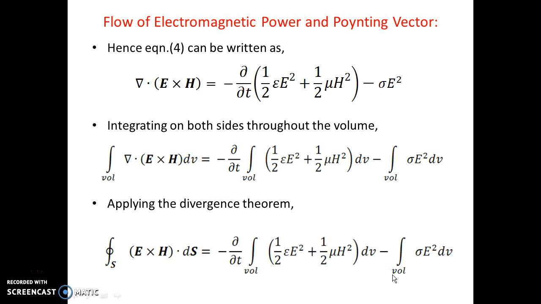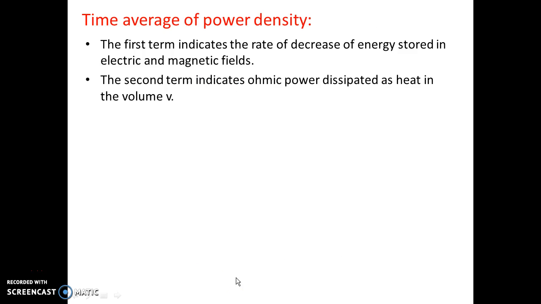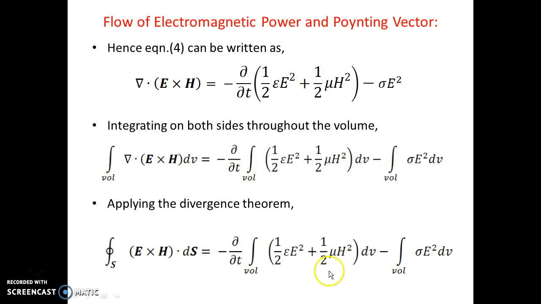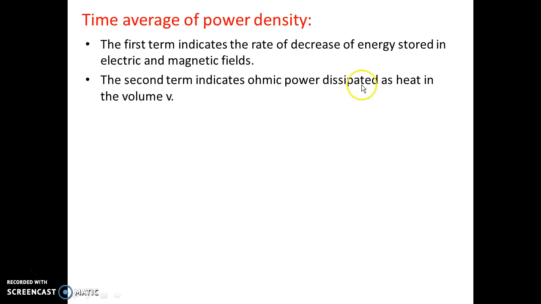We can interpret what we finally get from this equation. The first term indicates the rate of decrease of energy stored in electric and magnetic fields, and the second term indicates the ohmic power dissipated as heat in the volume.